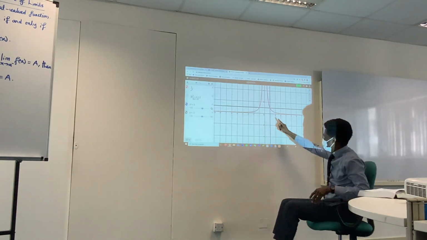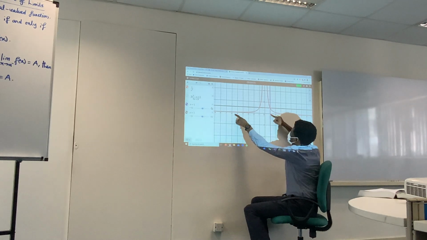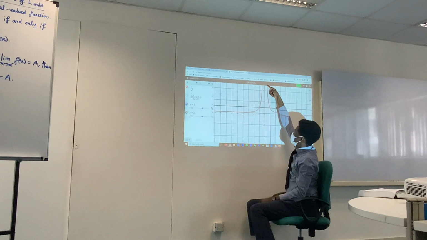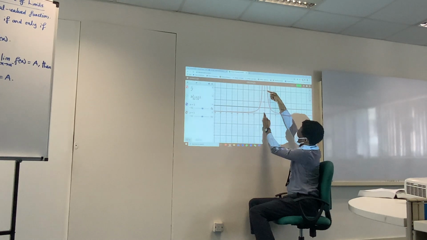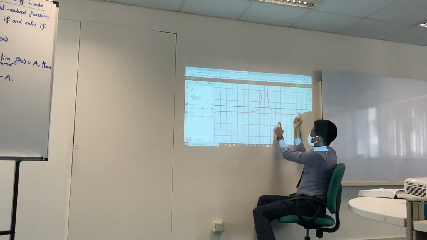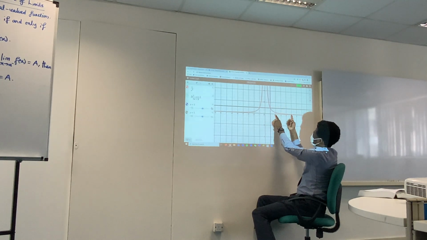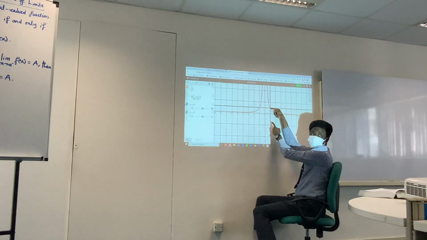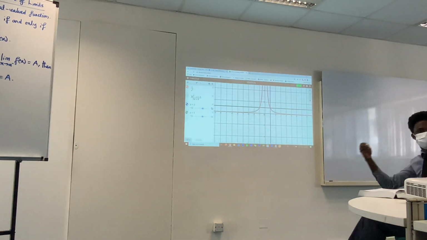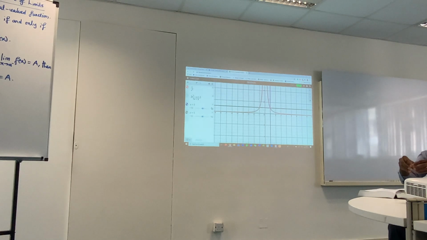As x approaches 1 from here, there is a jump, but it comes back. So as you are moving close, it's moving close to 1. Then also, as x approaches 1 from above, it's also moving close. So the two-sided limits coincide, and they converge to that number, both of them.